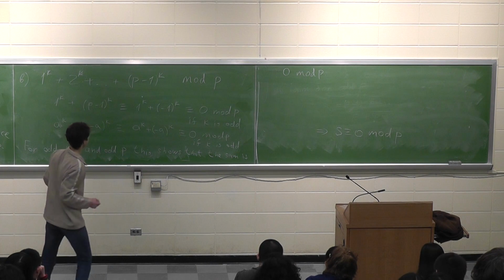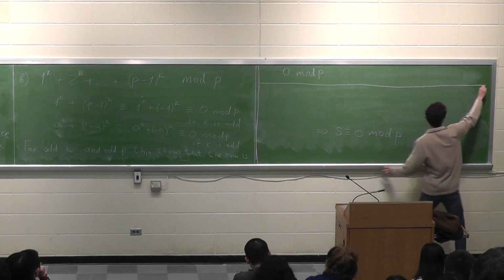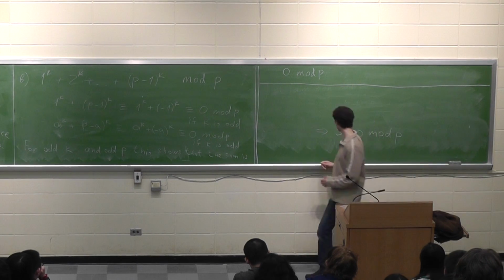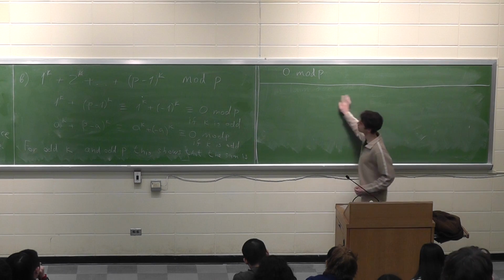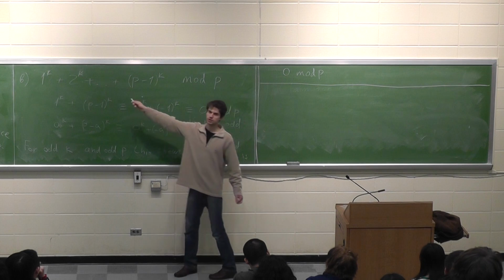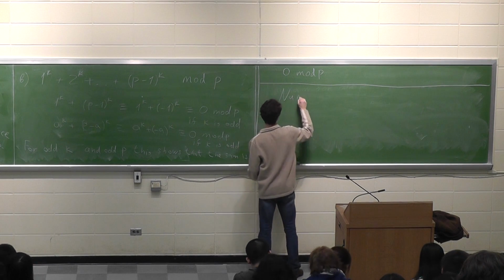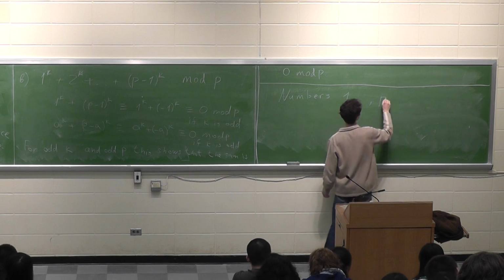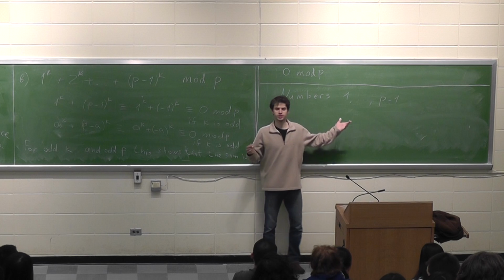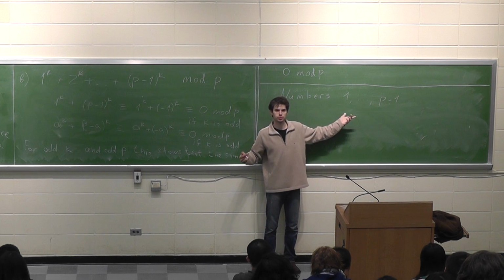Okay, so indeed, the thing which can be applied for any k is like this. Let me take these numbers from 1 to p minus 1. If you write numbers from 1 to p minus 1, you know that they are different powers of the primitive element modulo p.